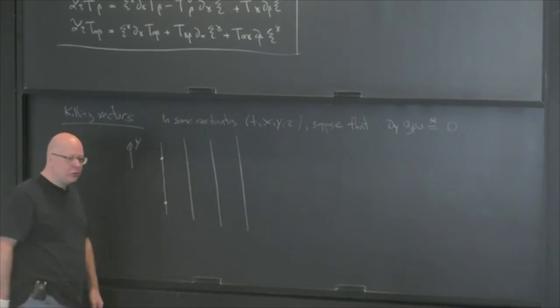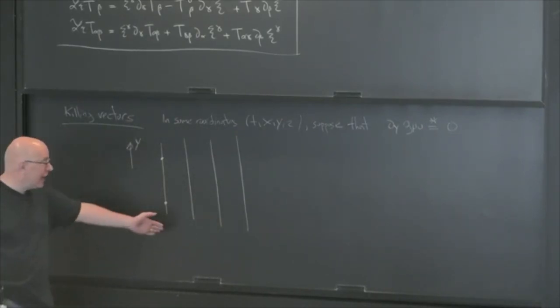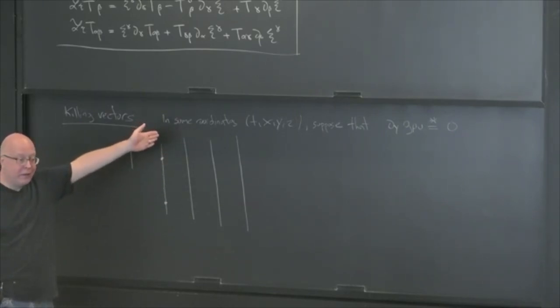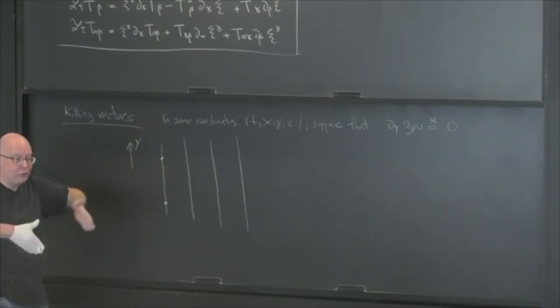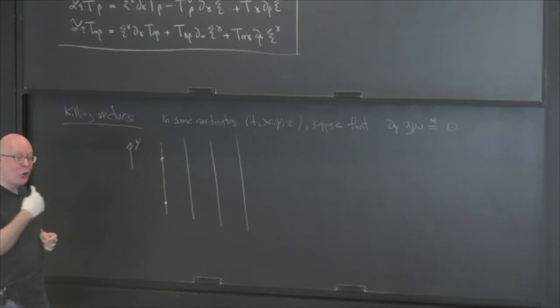And if I want to express this geometrically, it seems like a good idea to introduce the tangent vector to those curves. Here I'm drawing the curves to be straight, but in reality, for example, if we're talking about invariance under rotation, those could be curved.